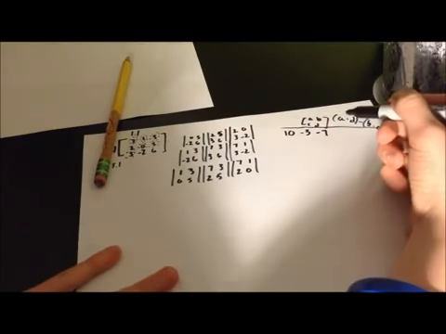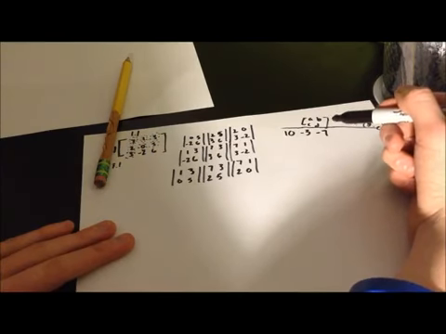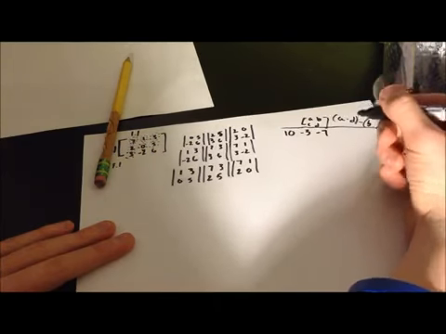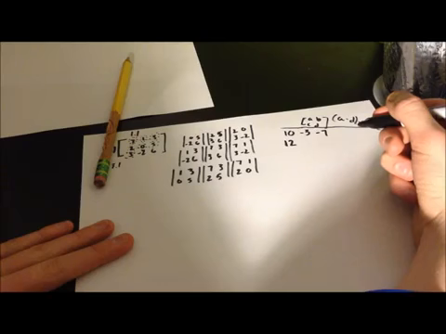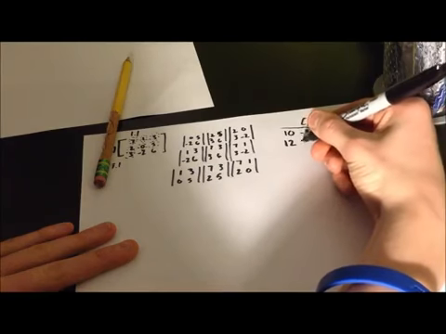So now we have our first line of cells. 1 times 6 is 6, minus negative 6, so that's basically 6 plus 6, or 12. Then we have 7 times 6, which is 42, minus 9, and that's going to be 33.